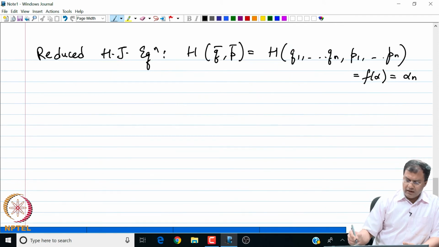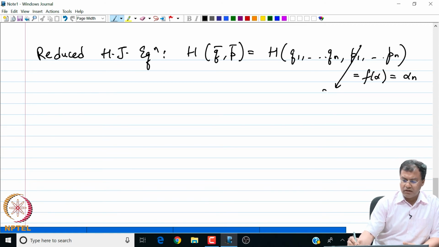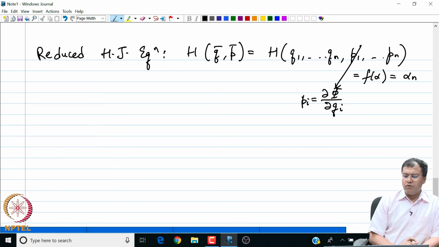Now, I have been saying that wherever we get the momentum variables, we always replace them by del phi del q. So, we replace pi by del phi del qi, because that is the relation for the generating function in terms of the conjugate variables.